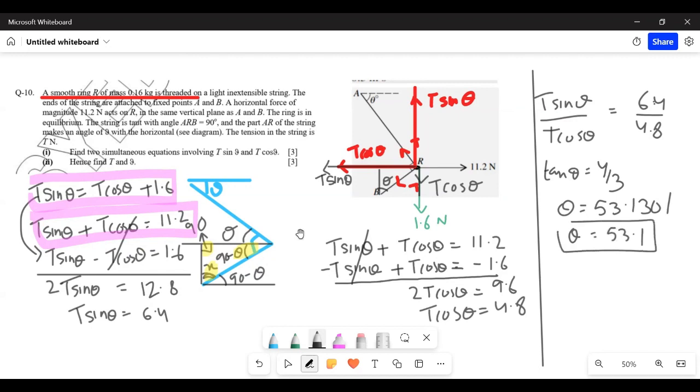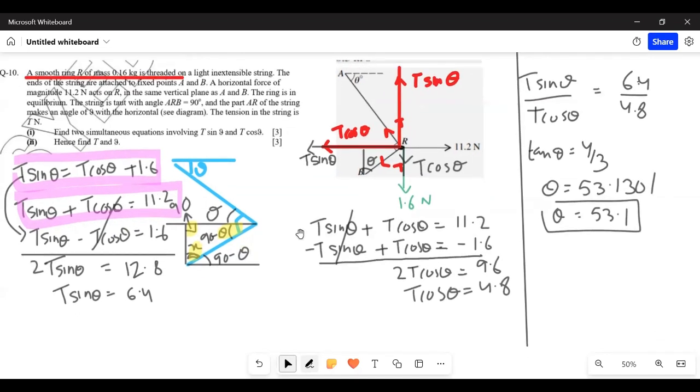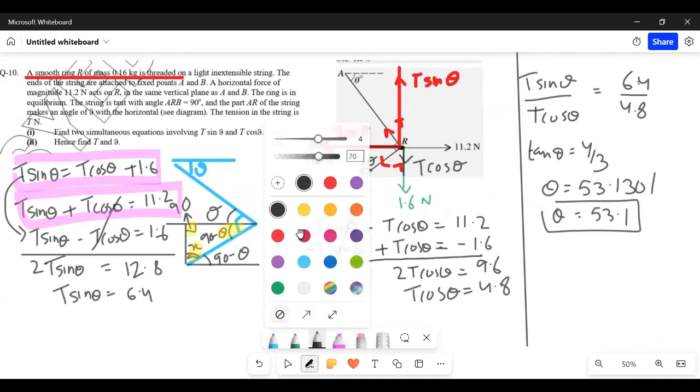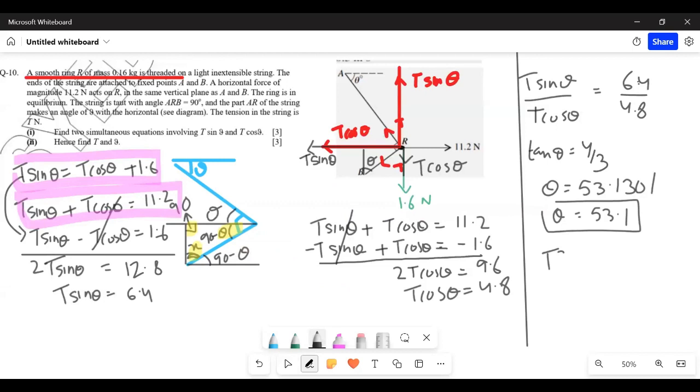And then to find T, put it back in any one of T cos theta or T sine theta. I'm going to use T sine theta equals 6.4. So T sine 53.1301 equals 6.4. T will be 6.4 divided by sine of the answer.